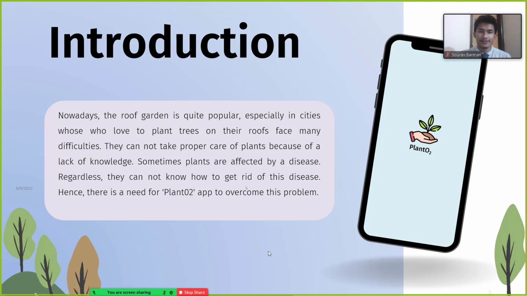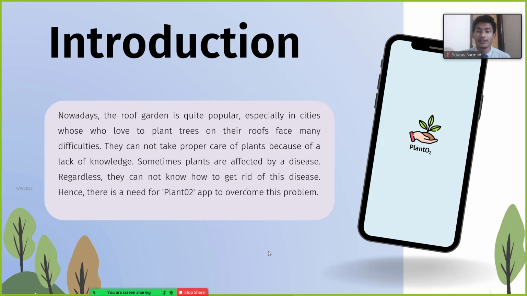Plant02 is a cross-platform mobile application. Our main goal is to help people plant trees without any hesitation. Plants are really important for our planet. Nowadays, roof gardens are quite popular, especially in cities. Those who love to plant trees on their roofs face many difficulties.